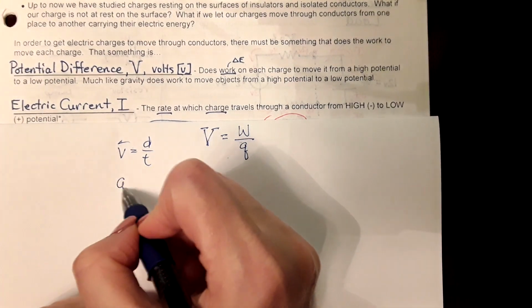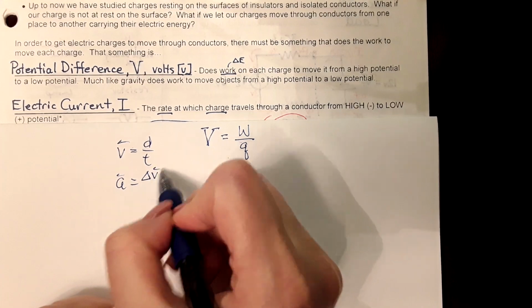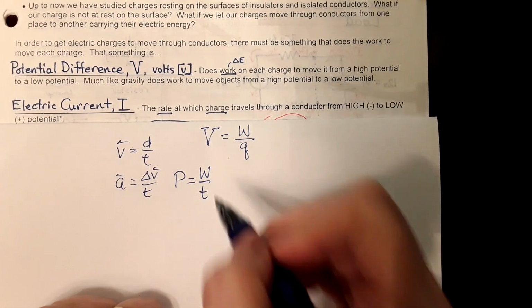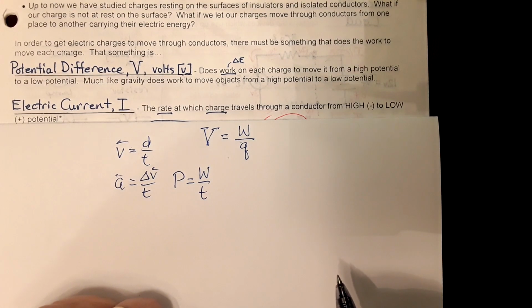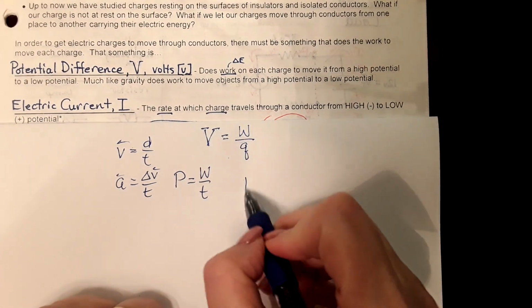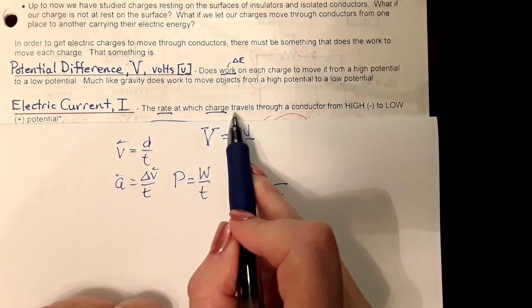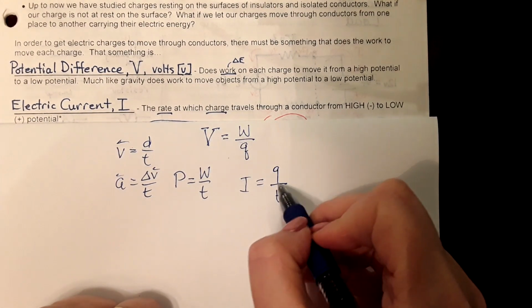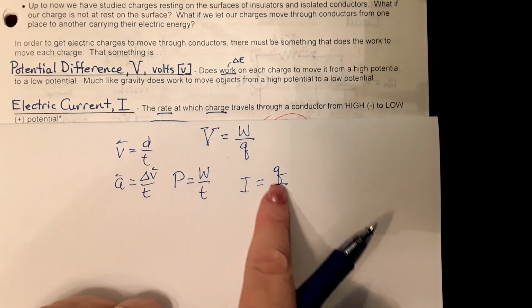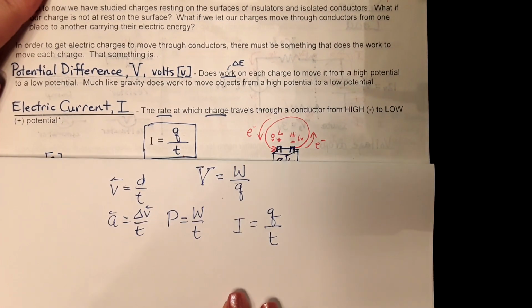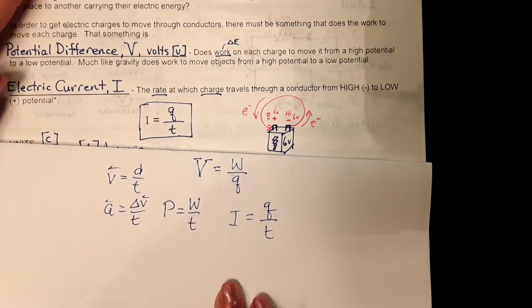We've looked at acceleration as a rate. We've looked at power as a rate. So what is electric current? It's the rate at which charge travels through a conductor. So it's the rate of charge. Okay? I equals Q over T.